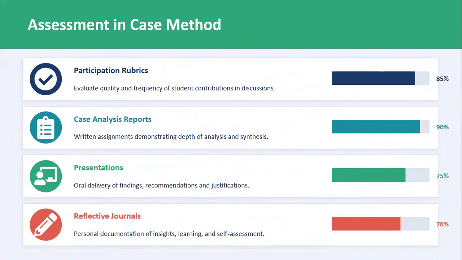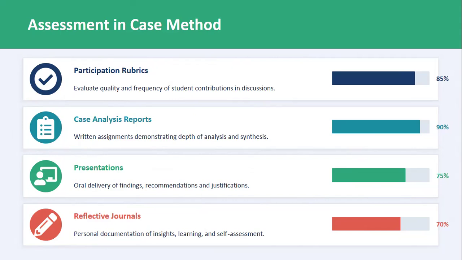Now let us see the assessment in the case study method of teaching. How do we assess learning in the case study method of teaching? Participation rubrics can evaluate the engagement and the frequency of students' contributions in classroom discussions.